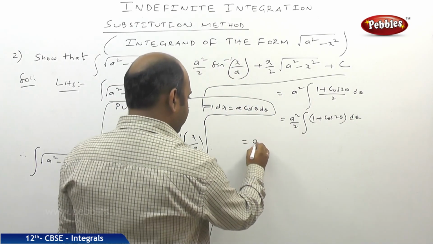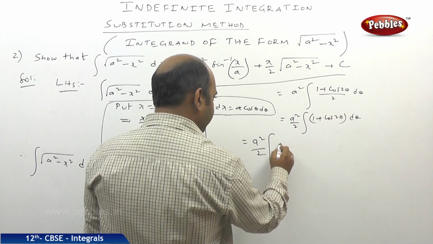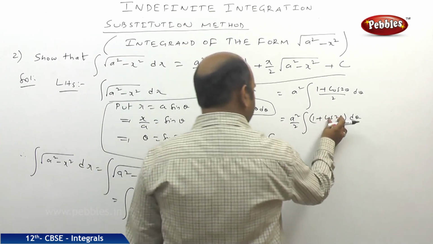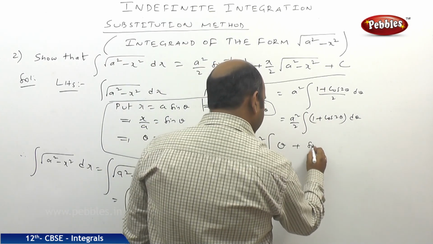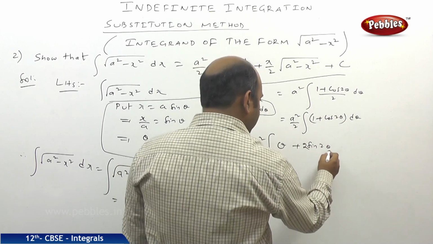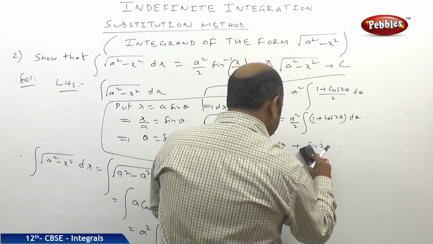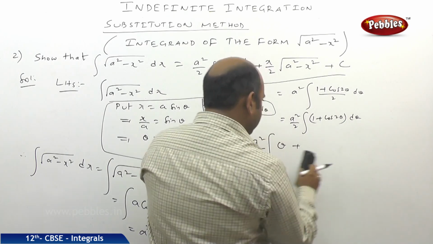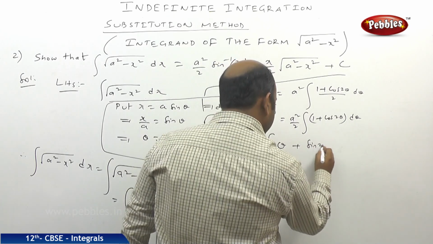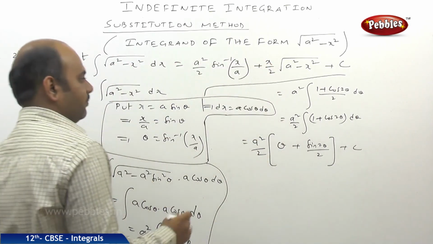So there remains a square by 2, and integral of d theta will be theta, and integral of cos 2 theta will be sin 2 theta divided by 2, because it's an integral, and outside there will be c.